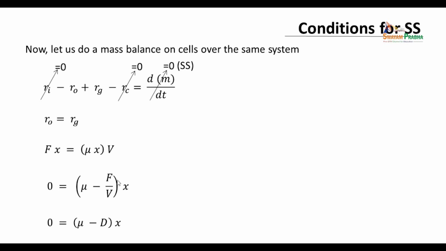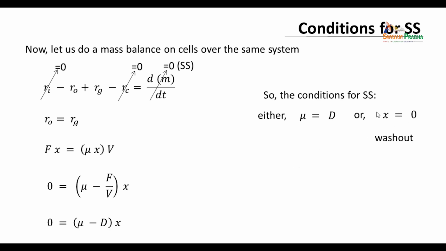Before that, let us replace F by V with our definition of that. We called it the dilution rate, remember, the number of reactor volumes processed per unit time. So we'll replace that first and then analyze. So mu minus D times x equals 0, and so either this term is 0, which means mu equals D, or x is 0. Okay, only under those conditions will the equation be valid. Now let us look at these two conditions.